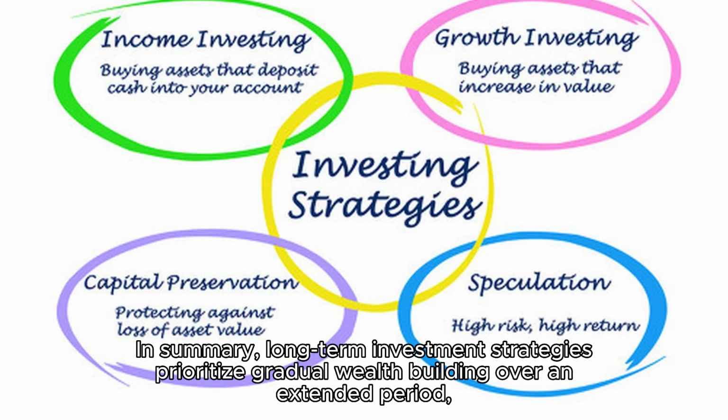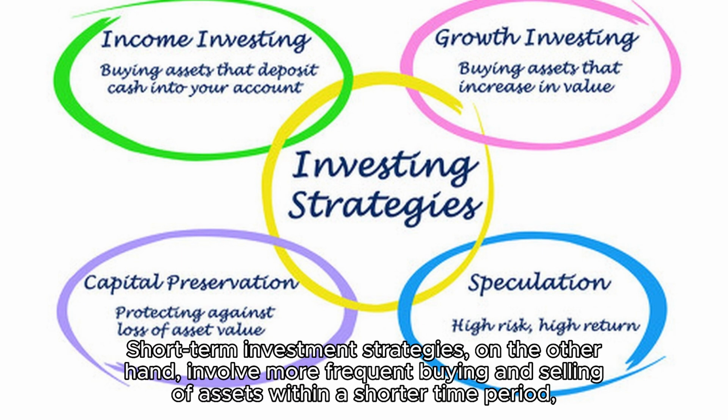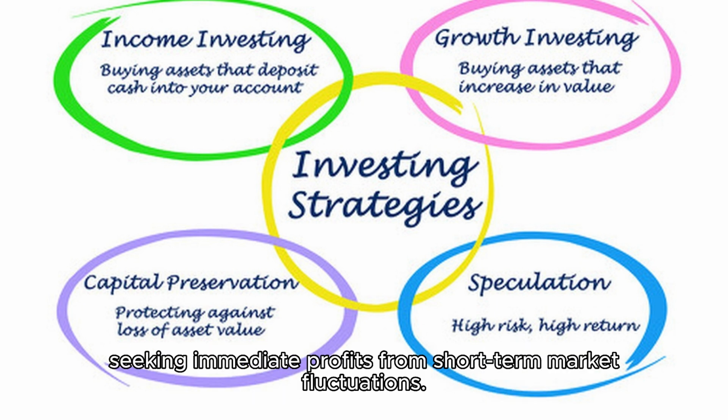In summary, long-term investment strategies prioritize gradual wealth building over an extended period, aiming to take advantage of compounding returns and market growth. Short-term investment strategies, on the other hand, involve more frequent buying and selling of assets within a shorter time period, seeking immediate profits from short-term market fluctuations.